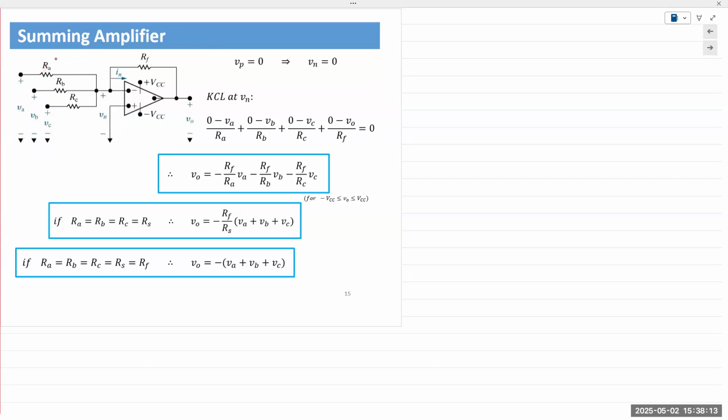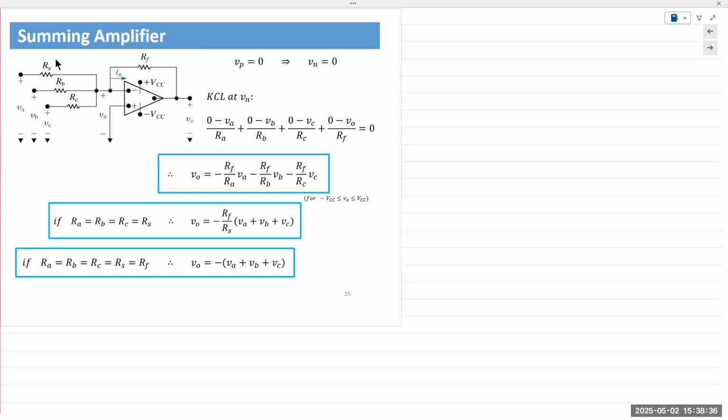So instead of one single resistor in the input path, we have 3, RA, RB, and RC, because we are applying 3 separate input signals, VA, VB, and VC. Each one of these inputs is connected to the op amp via its own resistor.